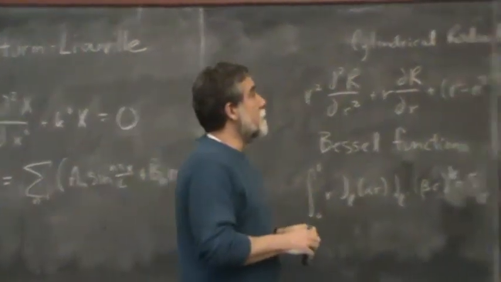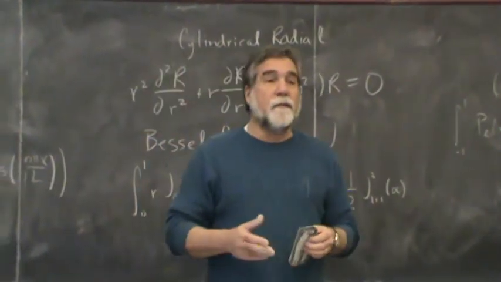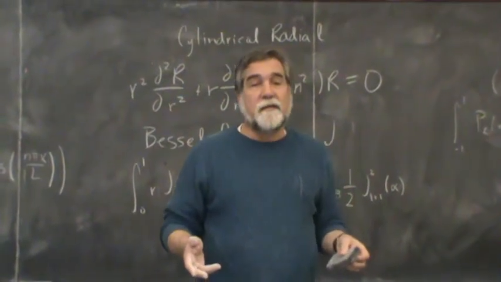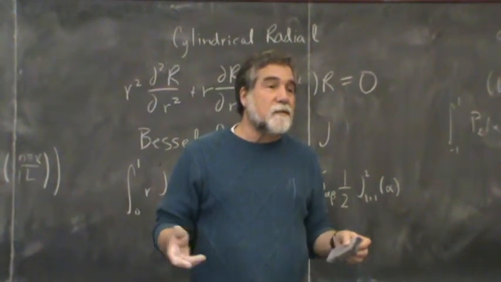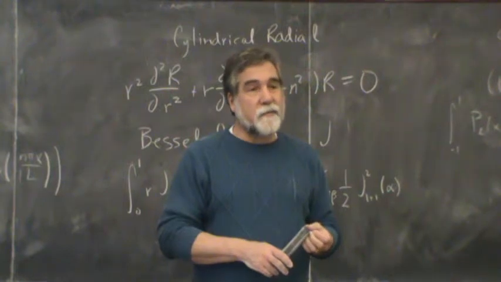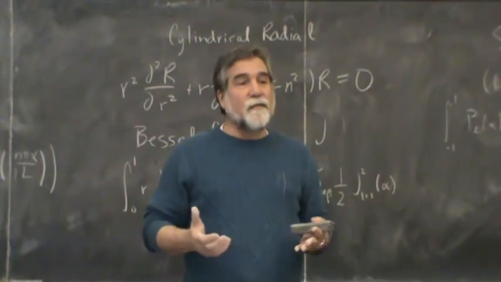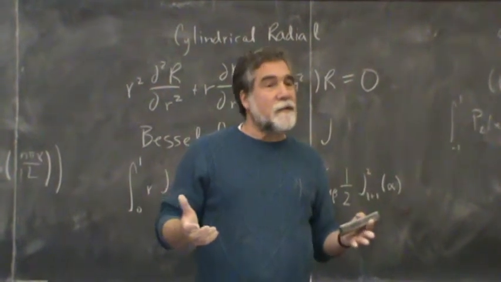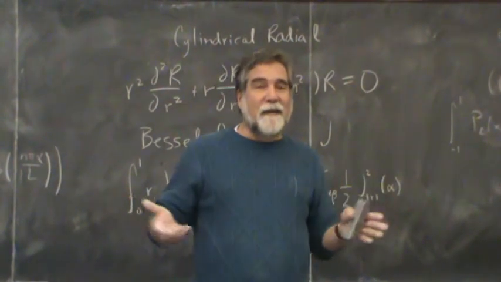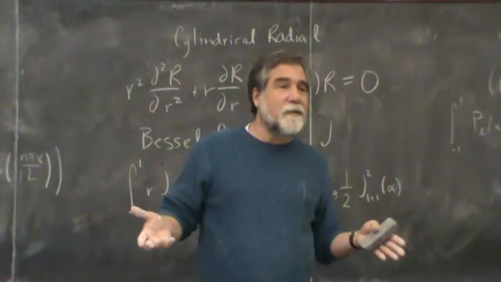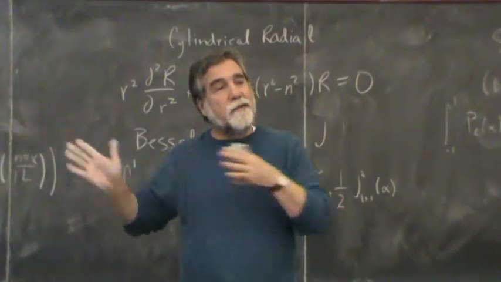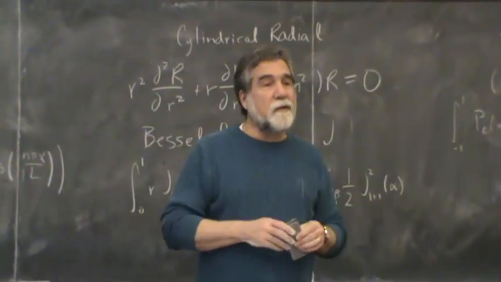So the process is first to look at your problem and decide what the simplest symmetry to solve the problem in is. If the potential is defined on a spherical surface, that's what you're going to use. If it's defined in rectangular coordinates, that's what you're going to use.